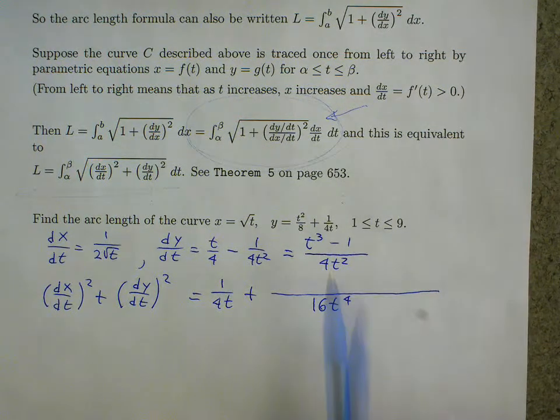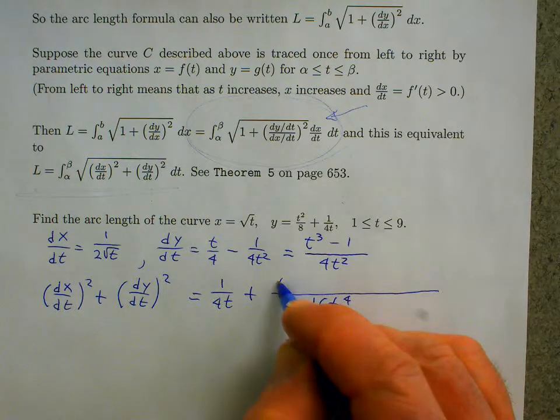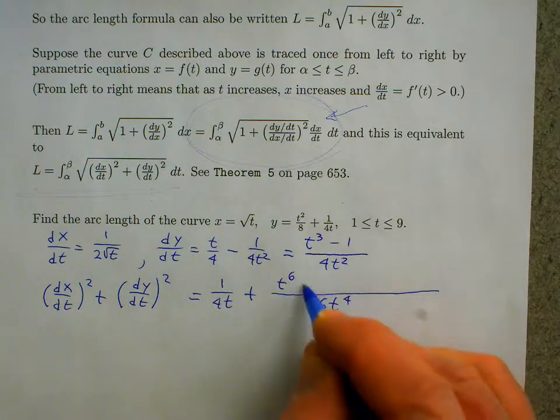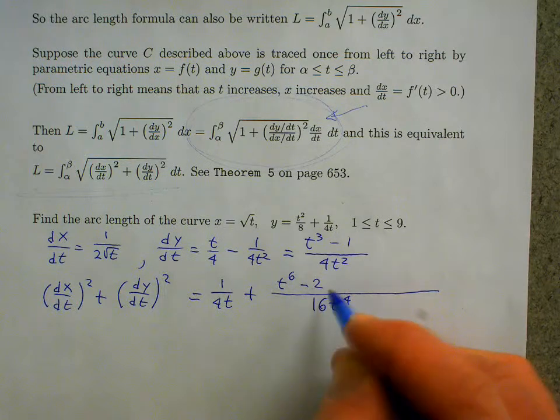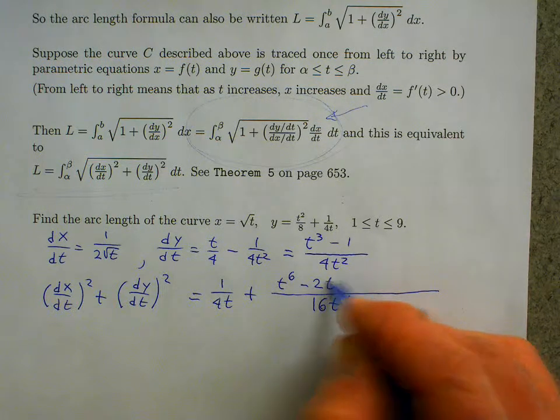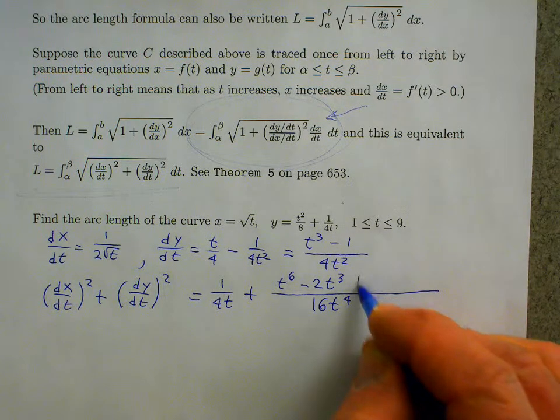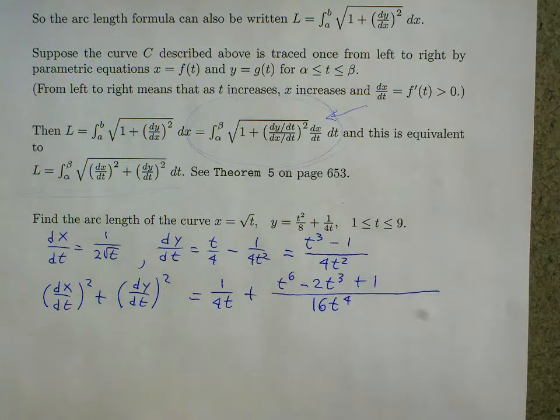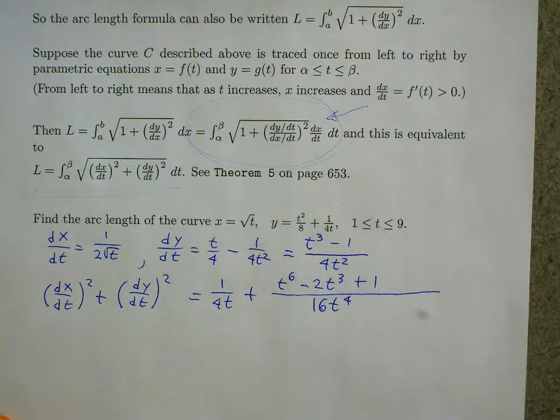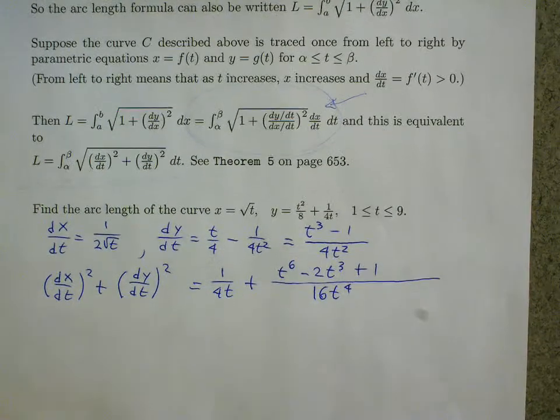And then when we square the numerator, t cubed minus 1, we get t to the sixth minus 2t cubed plus 1. Okay, let's write this sum as a single rational expression with a common denominator.